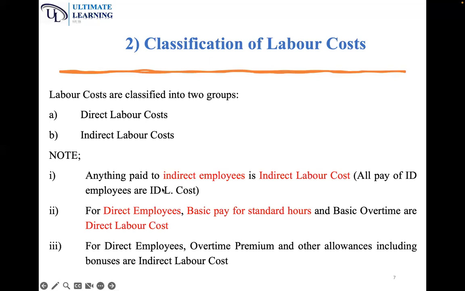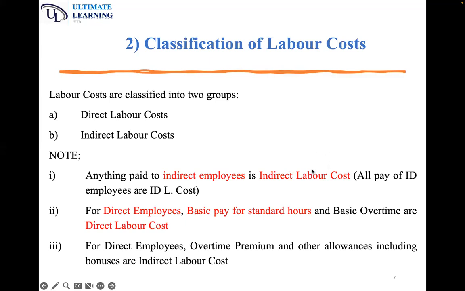Now, anything paid to an indirect employee, so long as you have evidence that this is an indirect employee, an employee who just supports the process and is not directly involved, is classified as indirect labor costs. I hope that's clear.